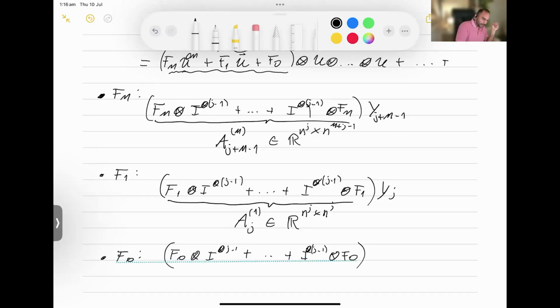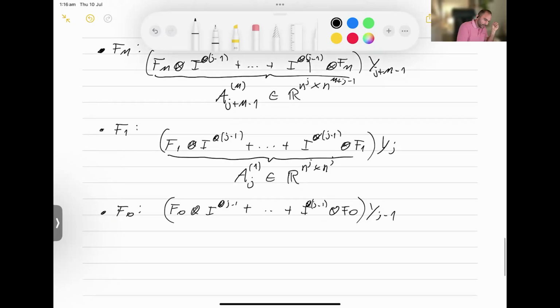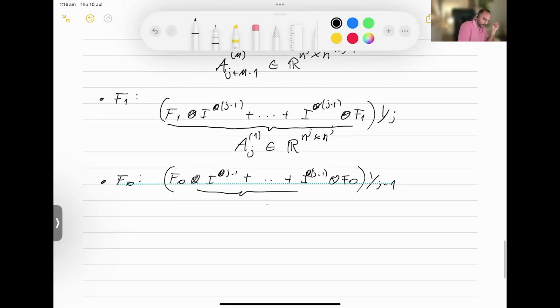Here we're going to deal with one element less, j minus 1, and then you call this A j minus 1, with the subscript 0, and that's going to be an element of n j times n j minus 1, because now I remove one component rather than add one.